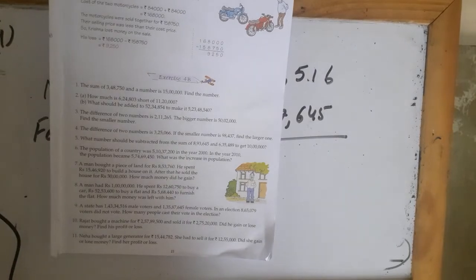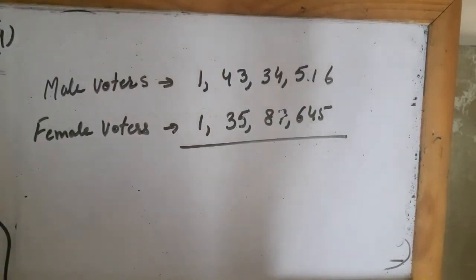So they are asking you that in an election there were 1 crore 43 lakhs male voters and 1 crore 35 lakhs female voters. Okay, so out of them 8,65,000 did not vote. So how many people voted in that election?